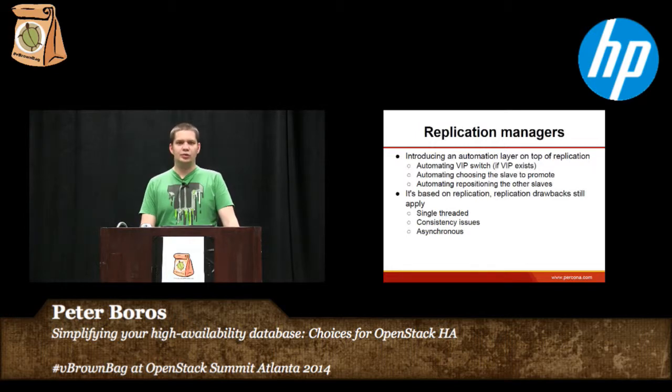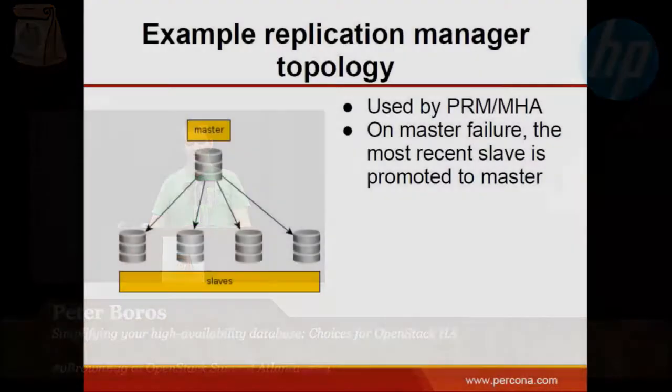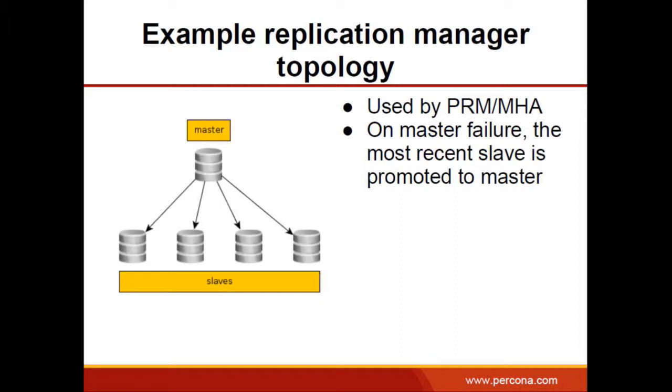Here is an example topology for a replication manager. So we have one master and many slaves. If a slave fails, it's fine because we have more of them. If the master fails, then the replication manager will choose a slave to promote, and it will choose the slave which is the most advanced in time, which has the most data from the master.